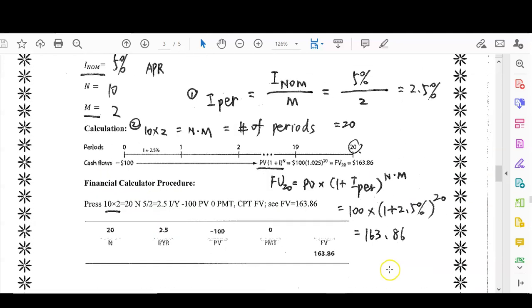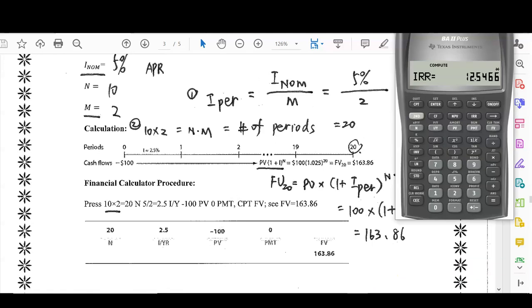Another way to solve this question is to use our financial calculator, because here we still have N, but the N on the financial calculator becomes number of periods. So we need to input 20 instead of 10 years.